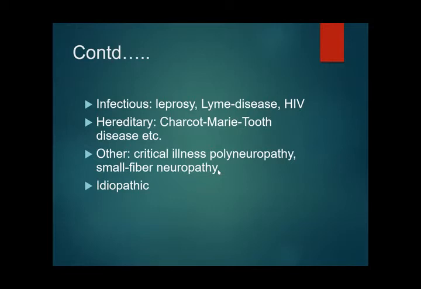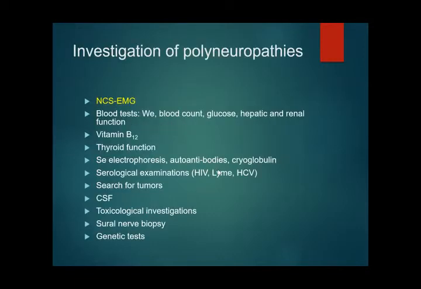Now, how do you investigate a patient of polyneuropathy? First of all, we need to do the nerve conduction studies and EMG to categorize whether it is axonal or demyelinating or a small fiber one. Then we go for blood workup like CBC, blood sugars, renal function, liver functions, glycosylated hemoglobin, vitamin B12, thiamine level, not being done in Pakistan, but these are also recommended. And thyroid function test, serum protein electrophoresis, autoantibodies like ANA, anti-dsDNA, cryoglobulin levels can be done.